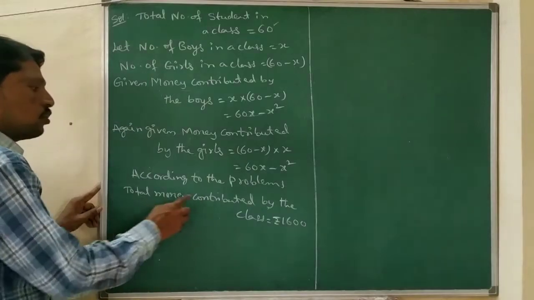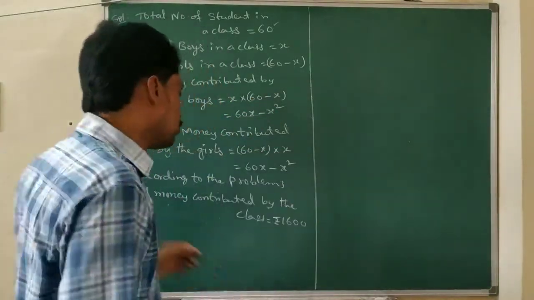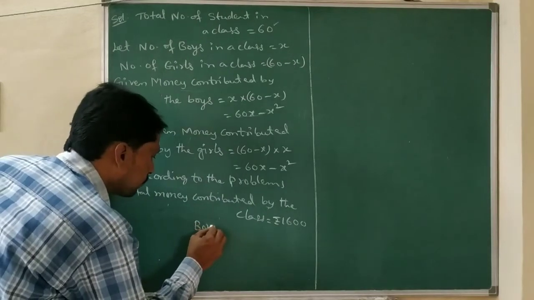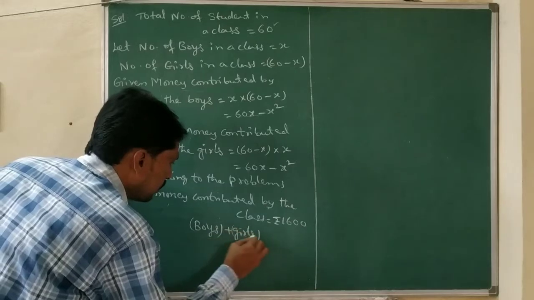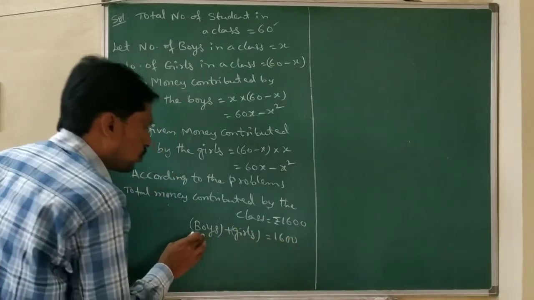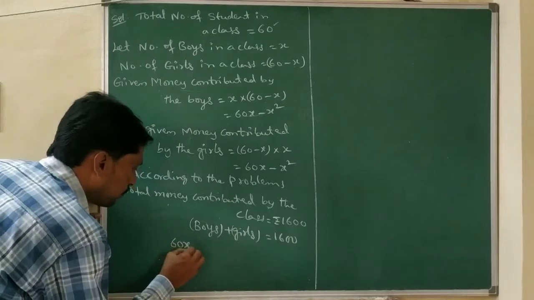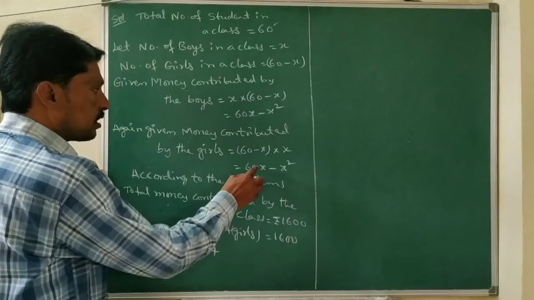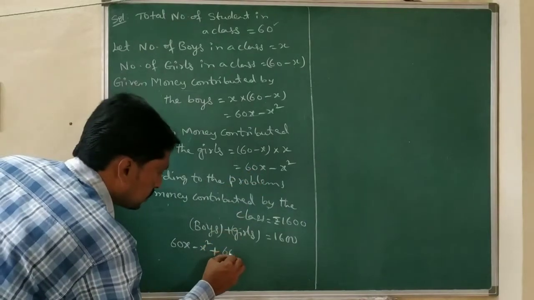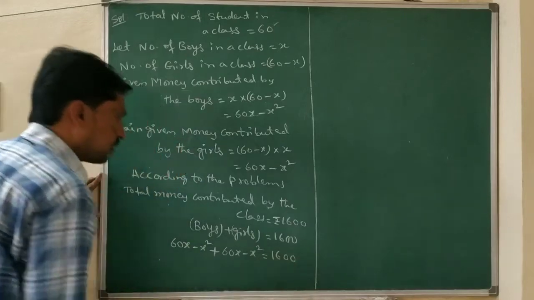So total money contributed by the class means boys and girls. So boys plus girls equal 1600. So how much did the boys contribute? 60x minus x square, plus how much did the girls contribute, that is 60x minus x square, equals 1600.